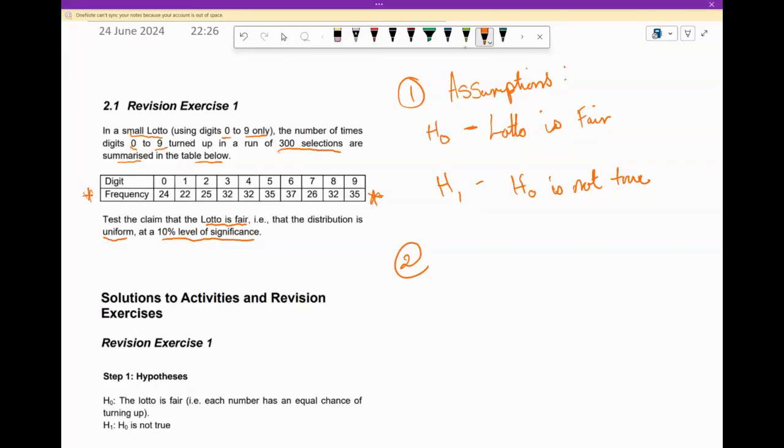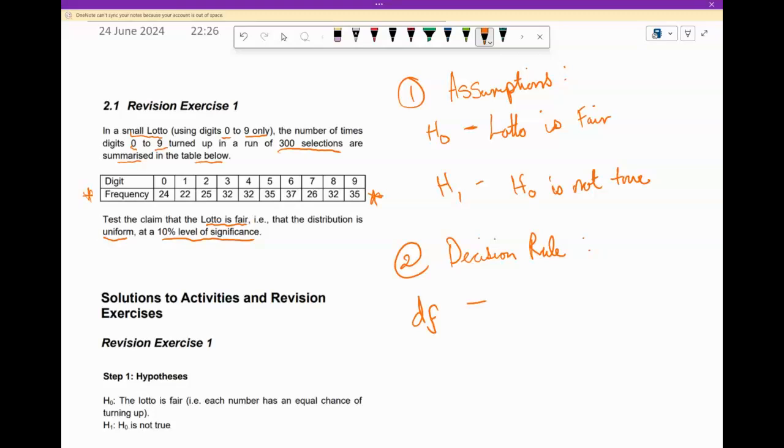We now go to step number 2. We need to get what? Our decision rule. When do we reject? When do we accept? And before we can get our decision rule, we know we need to get our degrees of freedom. Now, in this test, it's different. We're looking at likelihood.